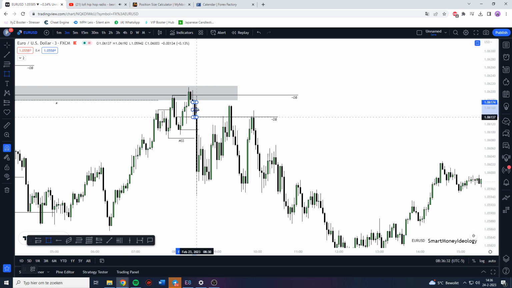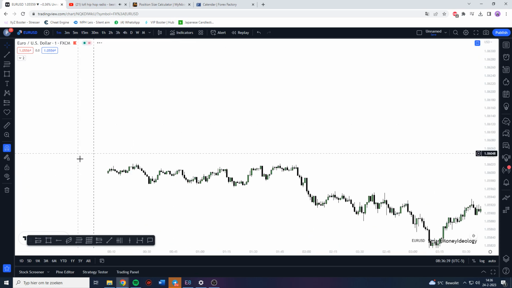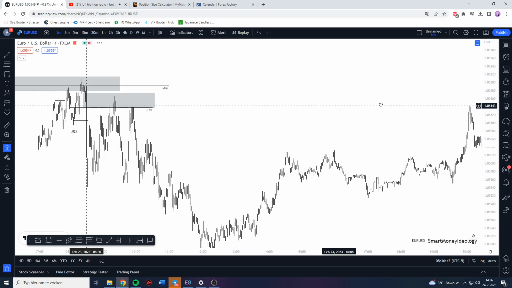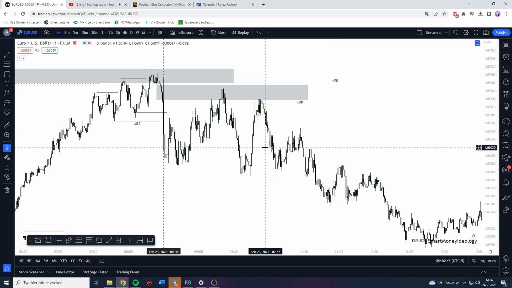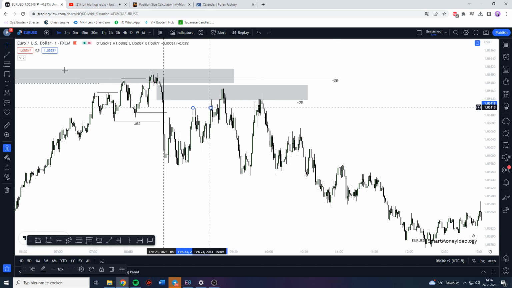Nice little imbalance. So we have our breaker block, we have our order block, and then if we hop onto smaller time frames, what can we see price doing again? Yeah, you're right. This is also a three drives pattern.